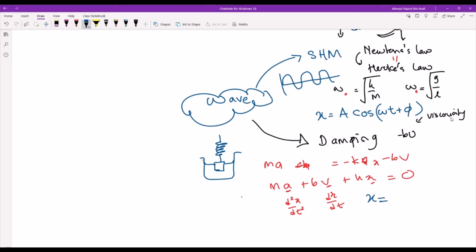Instead of oscillation in the air, which still has friction but very small, if we wait until the oscillation of the spring stops, it takes 1000 cycles. If we put it in the water, this will be the viscosity.